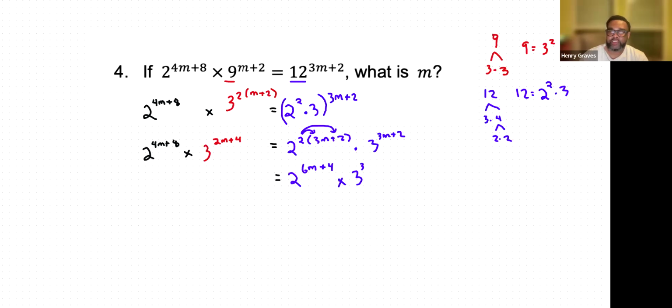Now, the reason I'm doing this is because I'm going to have the same bases on both the left and the right side, and that's going to allow me to just take the exponents on both sides and set them equal to each other and solve for m. And that is what I'm about to do right now.